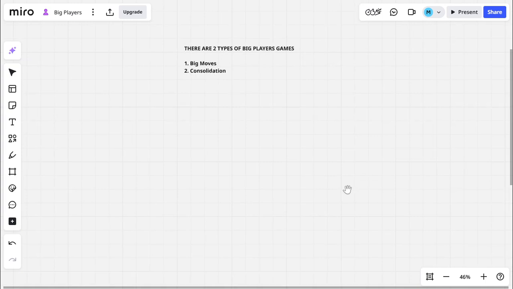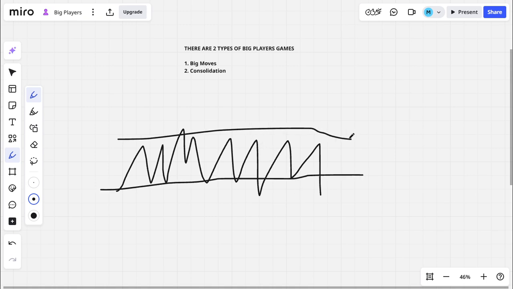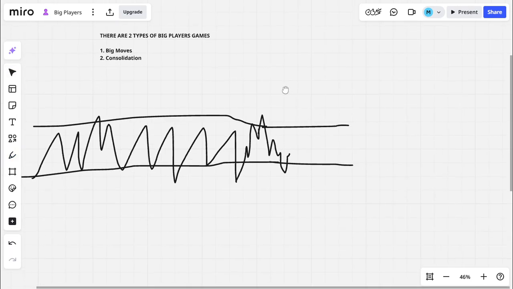Okay, so now directly drawing the consolidation phase. This is the consolidation phase. Now we see multiple liquidity hunts in the consolidation phase. Multiple, you won't be able to trade. Now when do you get the perfect direction? When do you know that, yeah, the consolidation phase is over?